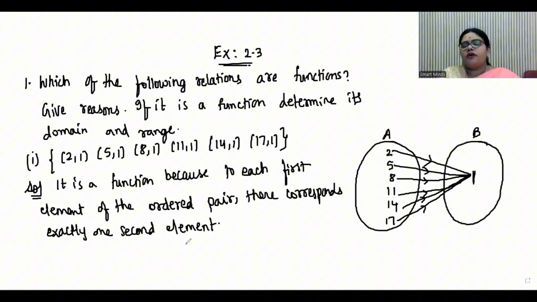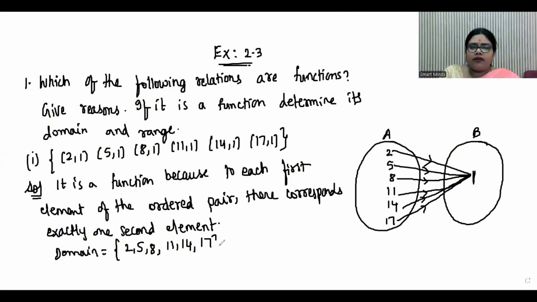So if it is a function, it is asking you to find the domain and range. So what is domain? Domain is 2, 5, 8, 11, 14 and 17. And what is range? Range is only 1.